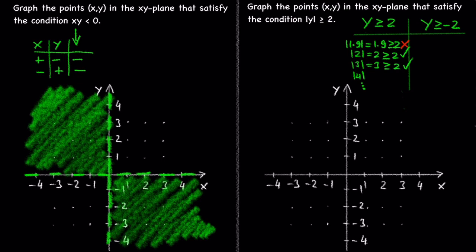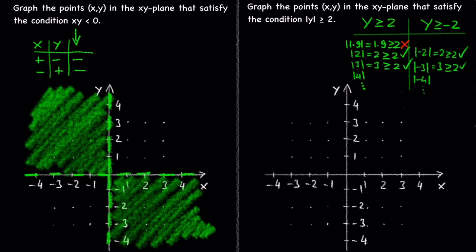Let's try to understand this part better. The absolute value of -2 is 2, and 2 is greater than or equal to 2, right? The absolute value of -3 is 3, and 3 is greater than or equal to 2, right? The absolute value of -4, and so on.